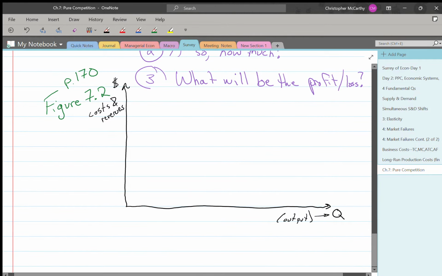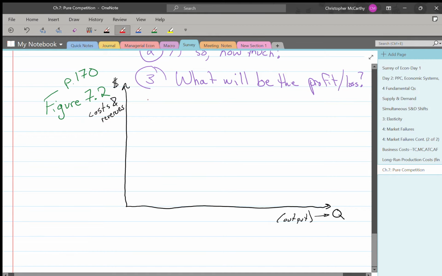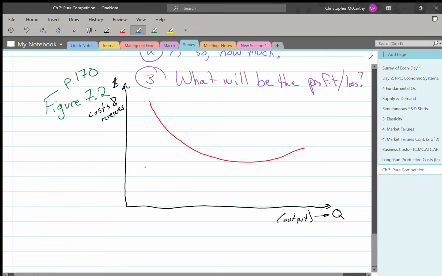All right, so we have an average total cost curve starting off somewhere around here, and it goes down, and it makes this U shape. We've got a marginal cost curve that does a Nike swoosh, but it has to go through the very bottom of the average total cost curve.